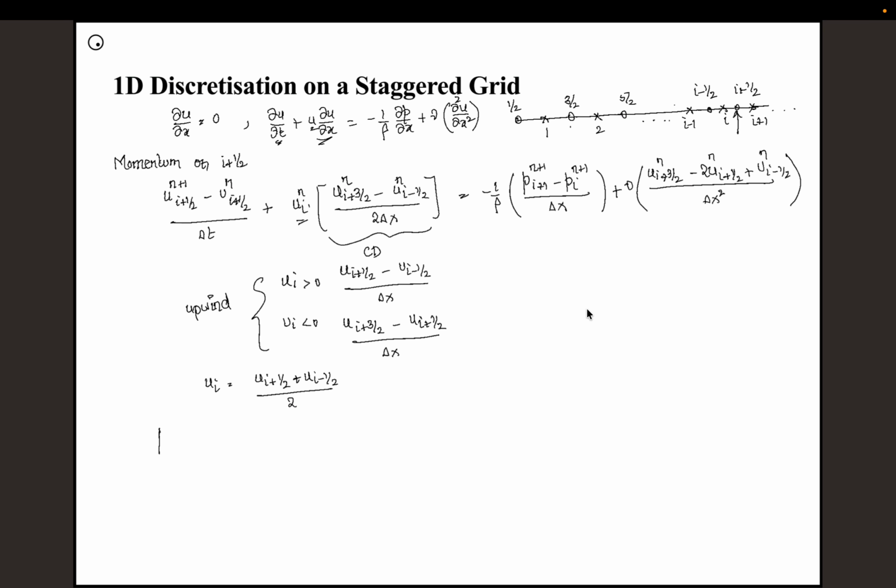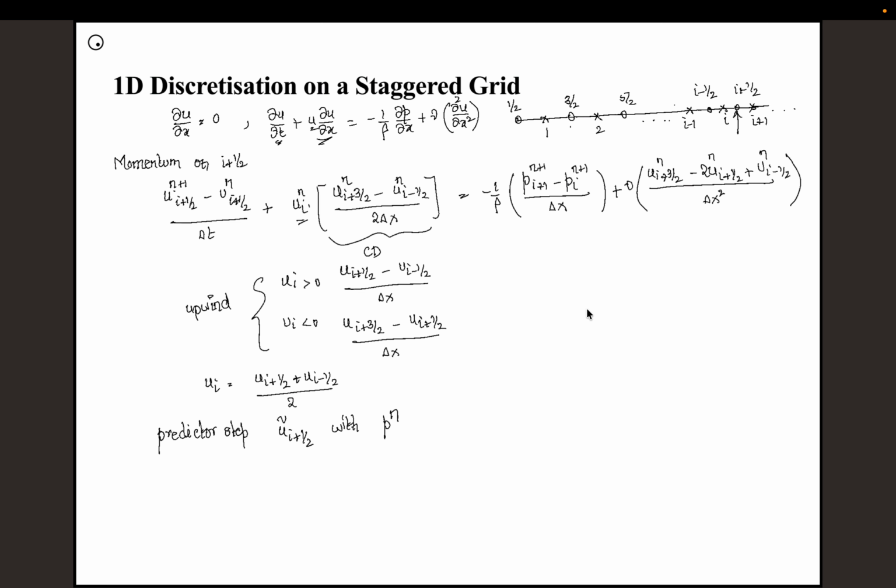a predictor step, where instead of directly getting the value of ui n plus 1, we will start with something u tilde, where u tilde is the quantity that we will be predicting from this equation with Pn values, with the pressure values from the previous time step.